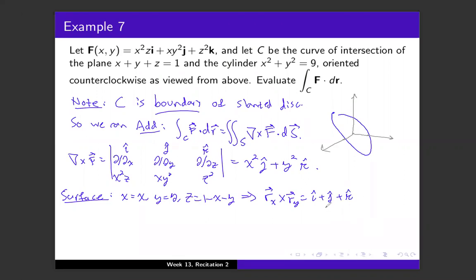I'll let you work out the details about why that works out that way, but it does work out that way, which is exactly what we want and exactly what we expect. And it's excellent news for us, because what that means is that the dot product of the curl and our normal vector is x squared plus y squared.